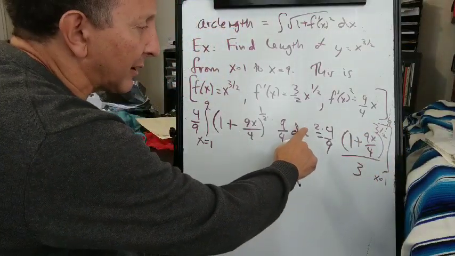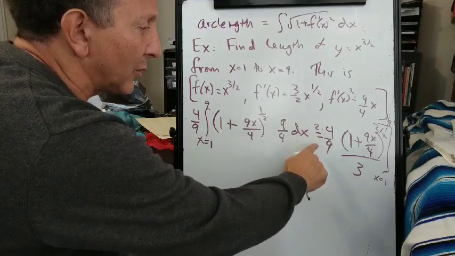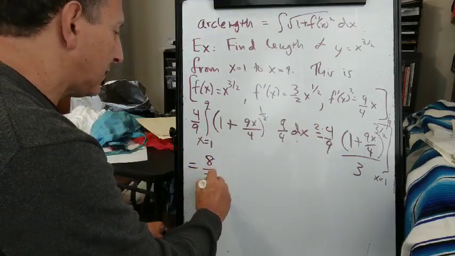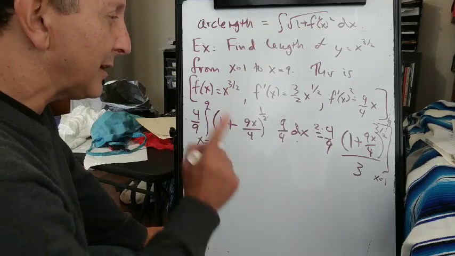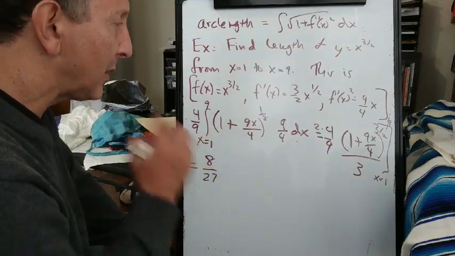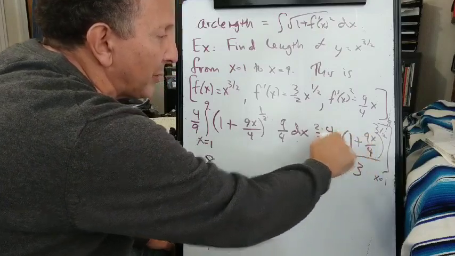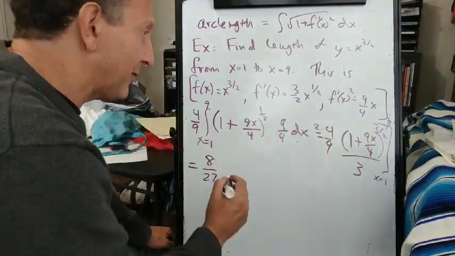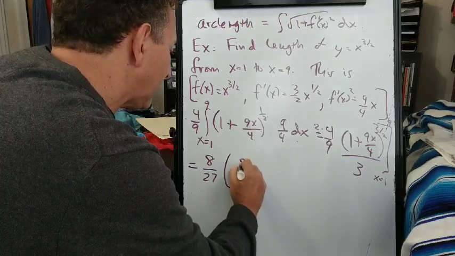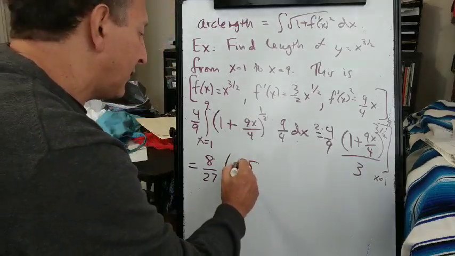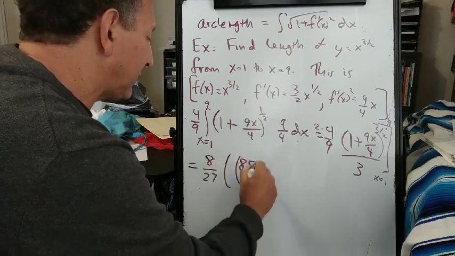Alright, so it looks like our constant on the outside is 8 over 27. And then we plug in 9, plug in 1, and subtract. So if we plug in 9, we've got 81/4 plus 1, so I guess that's 85/4, to the 3/2.